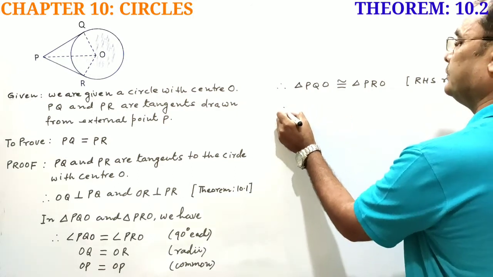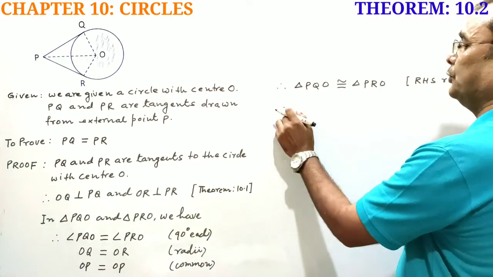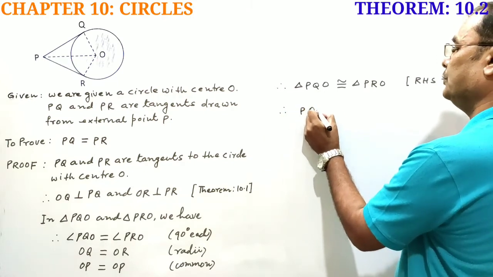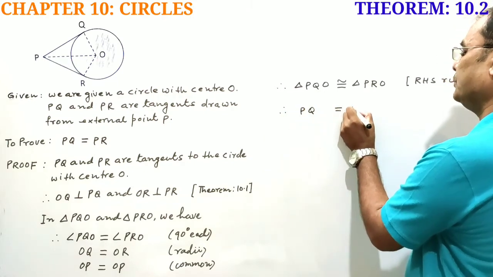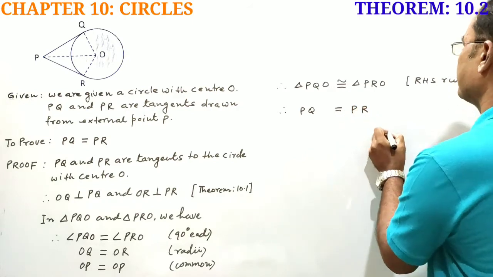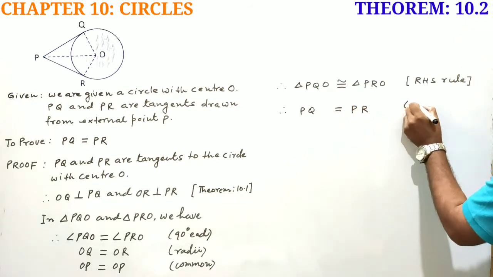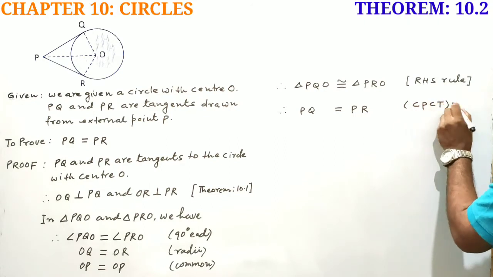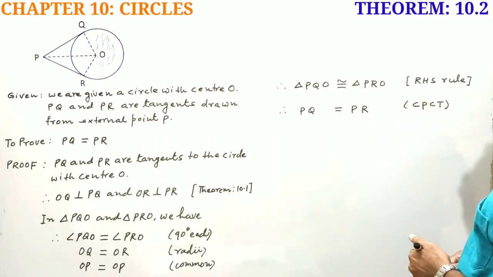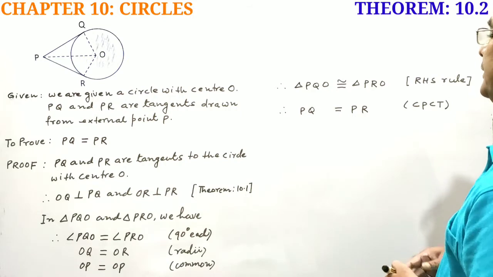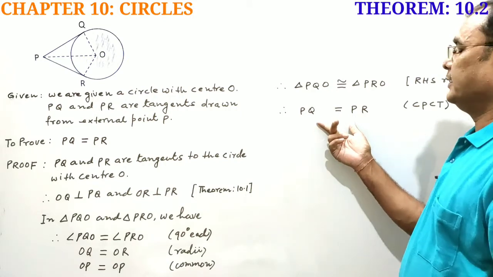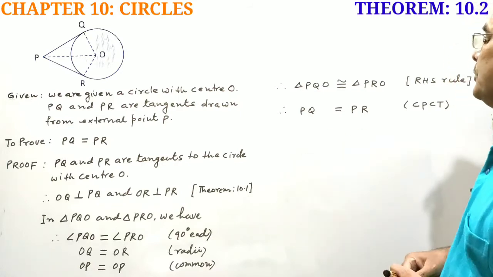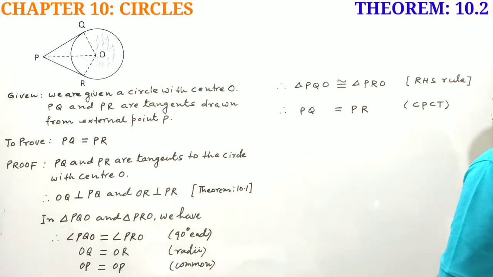And therefore, PQ is equal to PR, as they are corresponding parts of congruent triangles. So PQ equal to PR. This is the result that we had to prove in this theorem, and we have proved it. So hence proved.